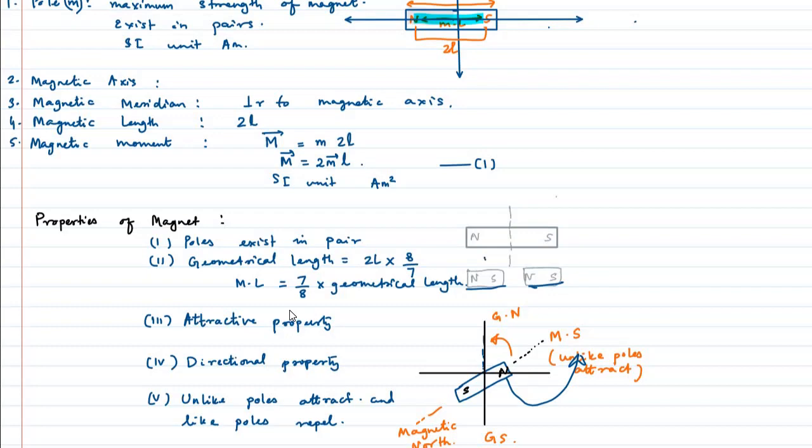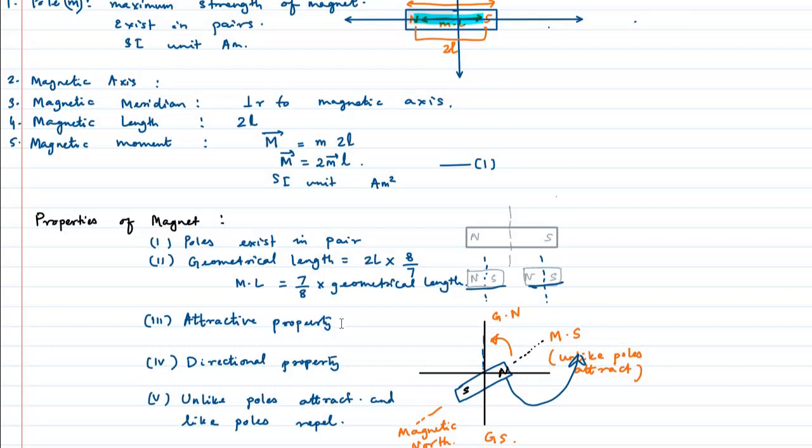Now if I further divide it as far as I can, every time I am bound to get a magnet only. The number of times you break it down is the number of magnets you get. So this is the first learning. But I will also discuss the attractive property.